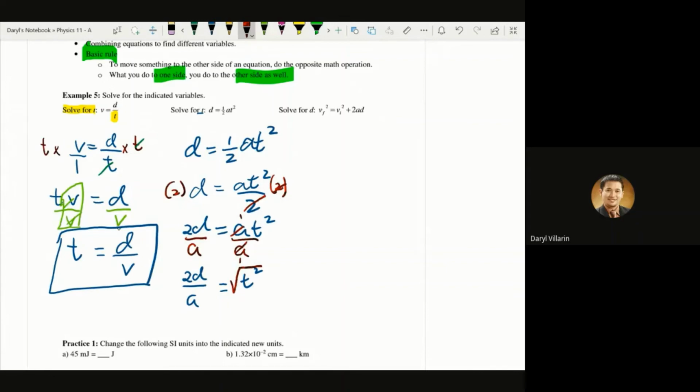But since I'm doing the square root on one side, do it also on the other side. But remember this one here. Remember that this is 2d over a. So if you're doing the square root, make sure that you include the denominator here, okay?